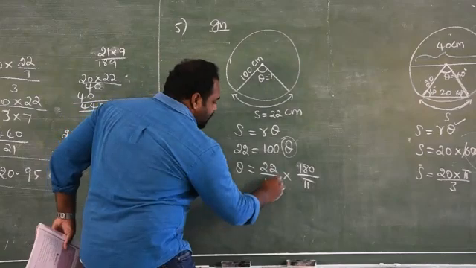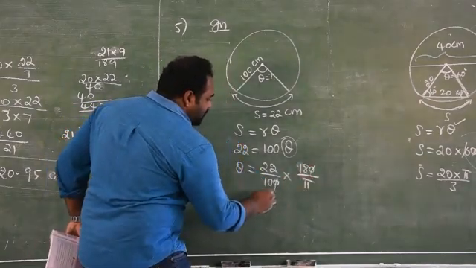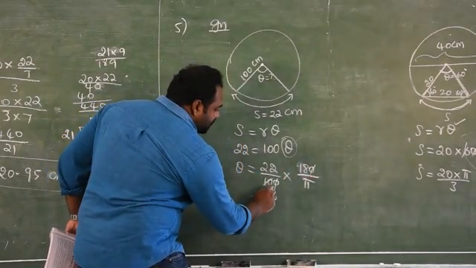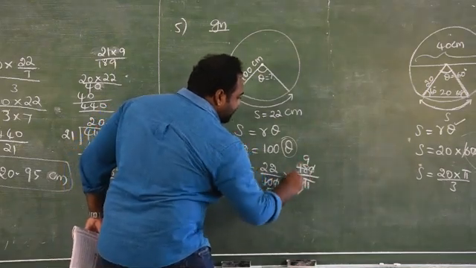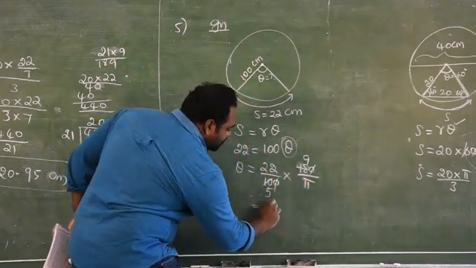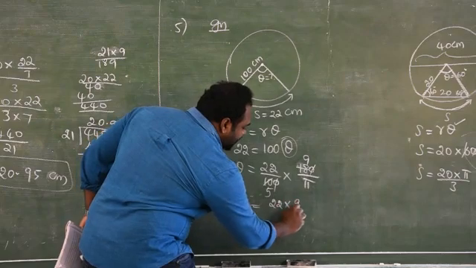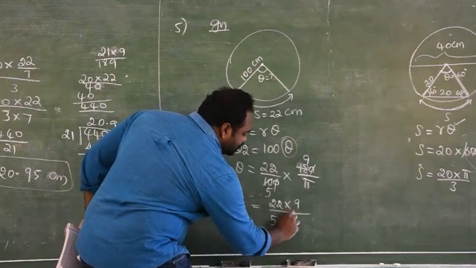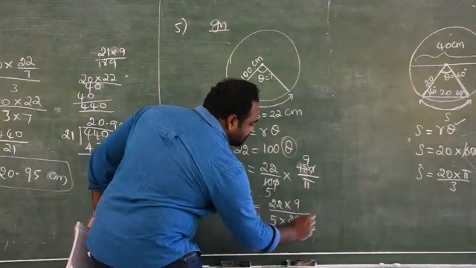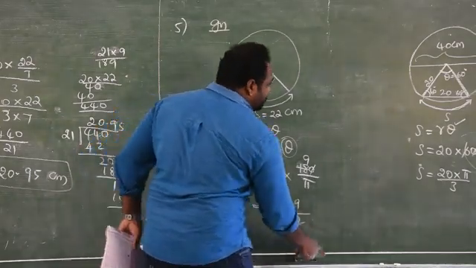So here we have a cancellation. 2 fives are 10, and this is 9 times. Next, 22 into 9 by 5 into 22 by 7. So carry this 7 into the numerator.